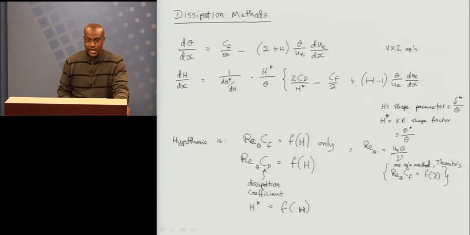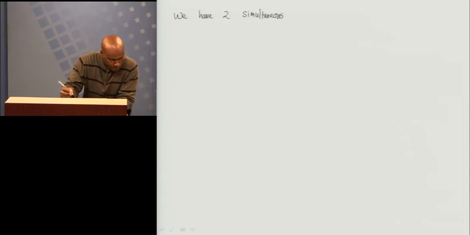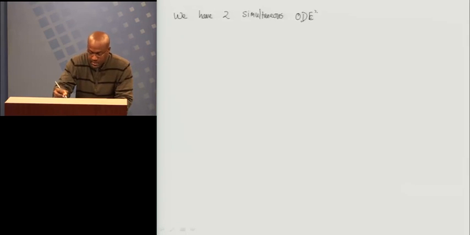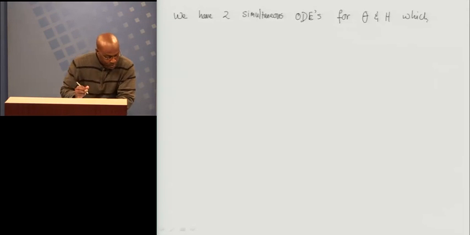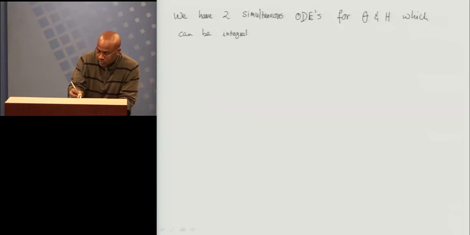Okay, so with these methods, what we actually have is a system of two simultaneous ODEs to solve, for theta and H. And we could do that once we know what our edge velocity field looks like, which can be integrated given ue.